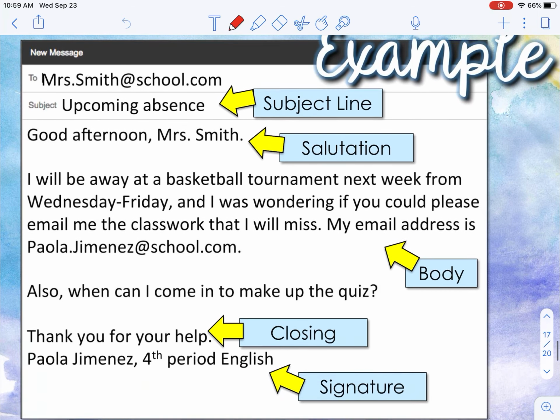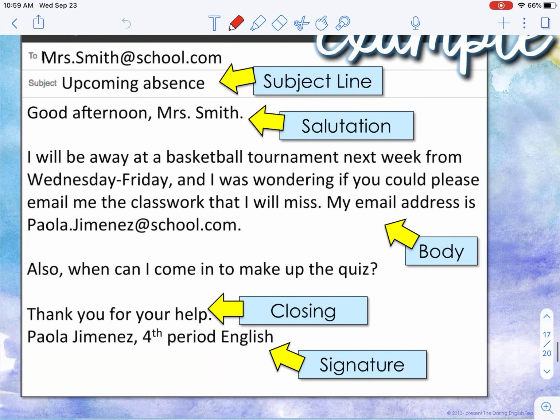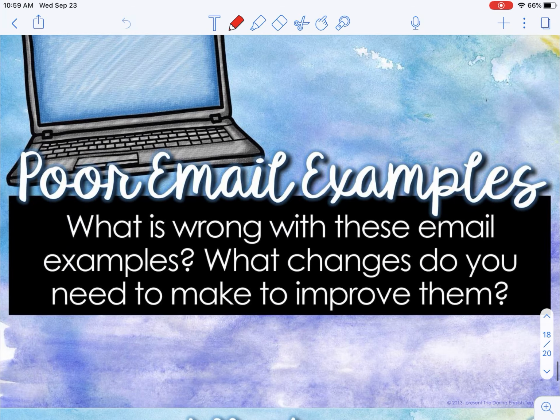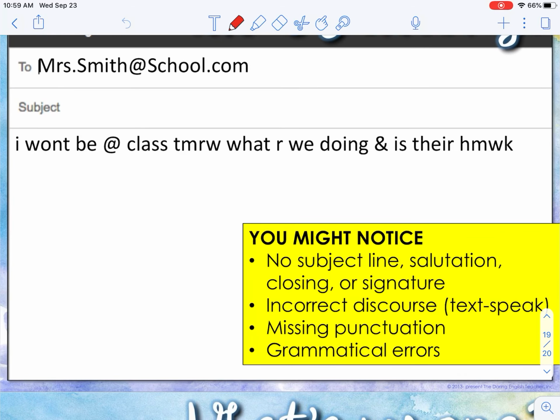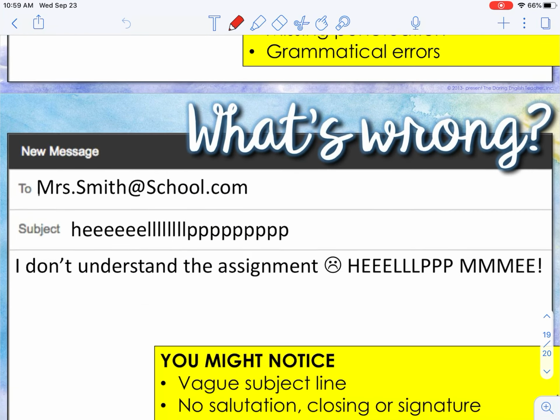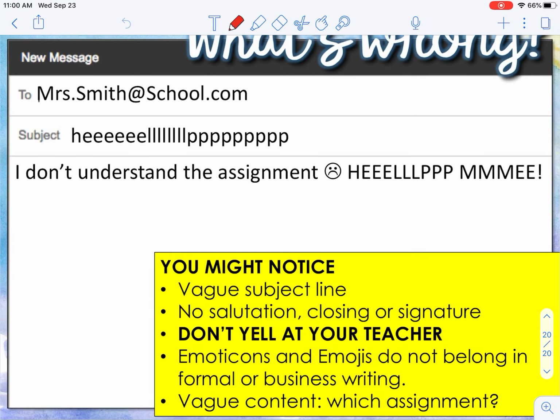So here's an example. We looked at this, and it has all the parts we just talked about. And then we looked at some poor examples, and we looked and saw, okay, so what's missing? And you can see in the yellow box what's missing. And then another example, again, you can see what is missing and needs to be fixed.